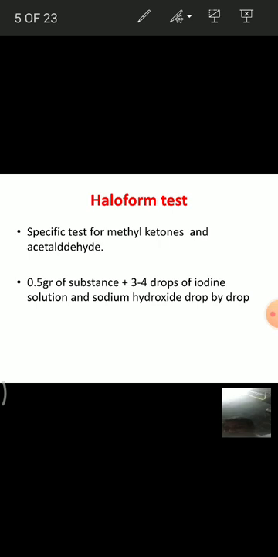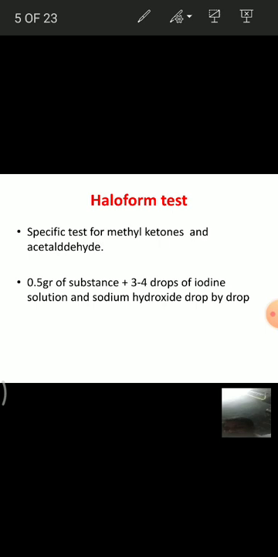Generally, for this test, first of all, take a clean and dry test tube, and in that we have to add 0.5 grams of the substance, and to this substance we have to add 3-4 drops of iodine solution. Then sodium hydroxide solution should be added drop by drop. Afterwards, we have to warm the solution till the brown color of the iodine disappears.